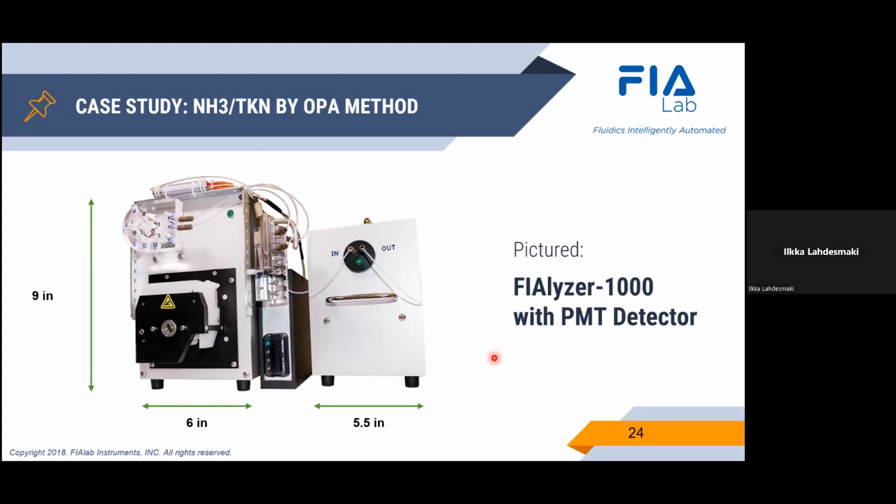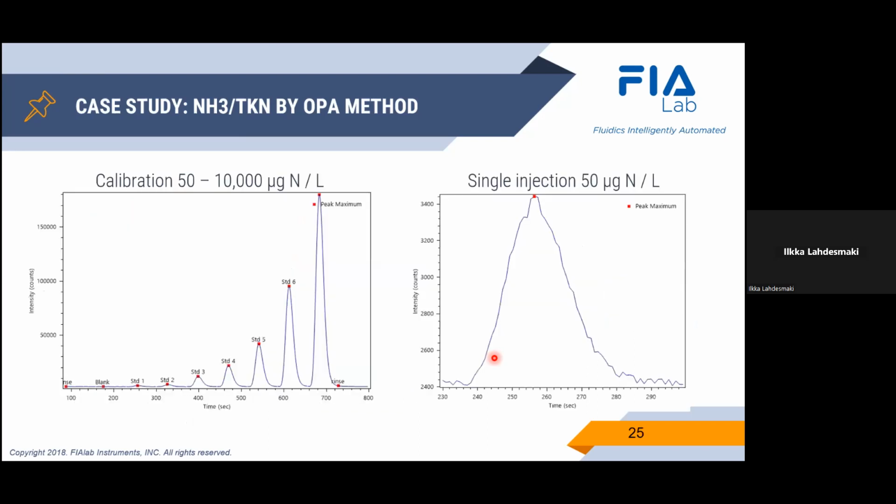And that's quite a big benefit for labs that tend to have limited bench space, that you can now set up your ammonia TKN measurements on a minimal footprint in your lab.